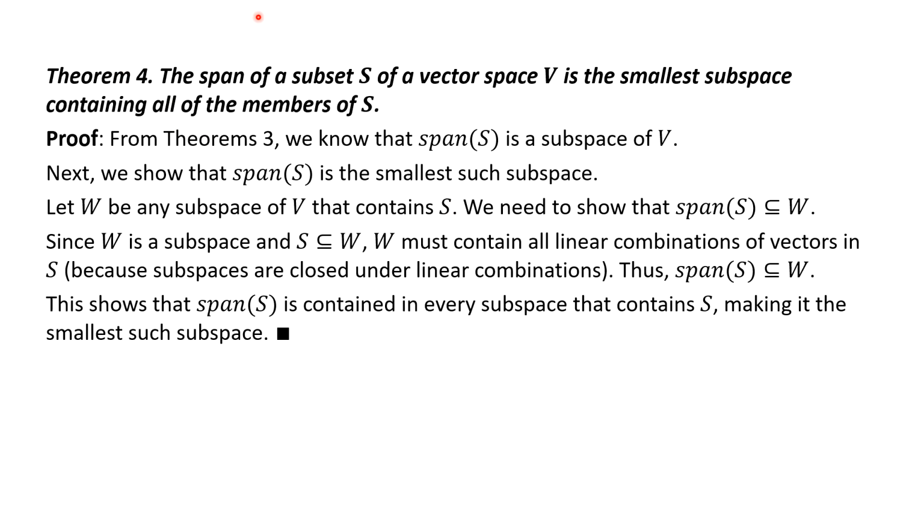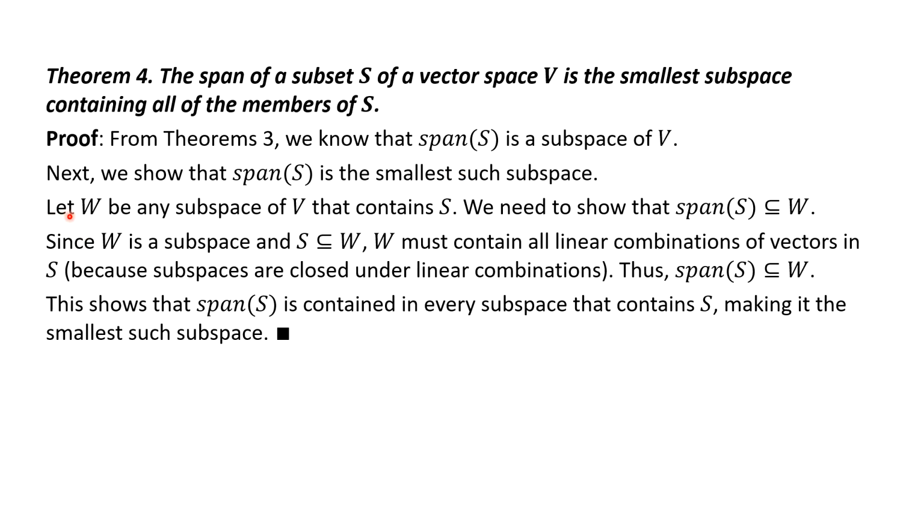Theorem number 4. The span of a subset S of a vector space V is the smallest subspace containing all of the members of S. So from theorem 3, we know that the span of S is a subspace of V. But we also need to show that it's the smallest.